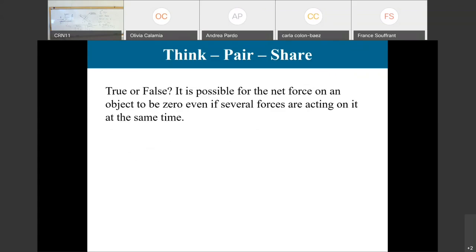True or false? It is possible for the net force on an object to be 0, even if several forces are acting on it. What do you think? Is it true or false?